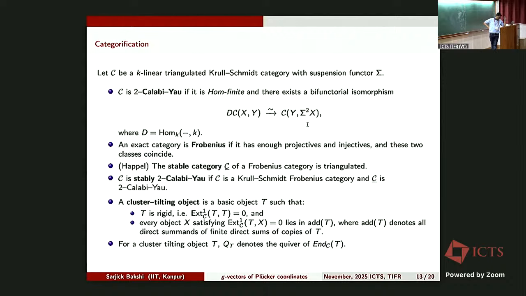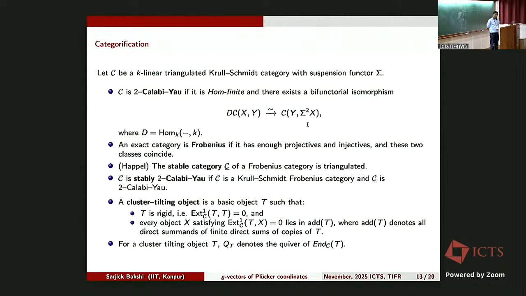And C is stably 2-Calabi-Yau if it is Krull-Schmidt and the stable category of C is 2-Calabi-Yau. A cluster tilting object is a basic object, where basic means that it can be written as a direct sum of indecomposables with multiplicity 1.